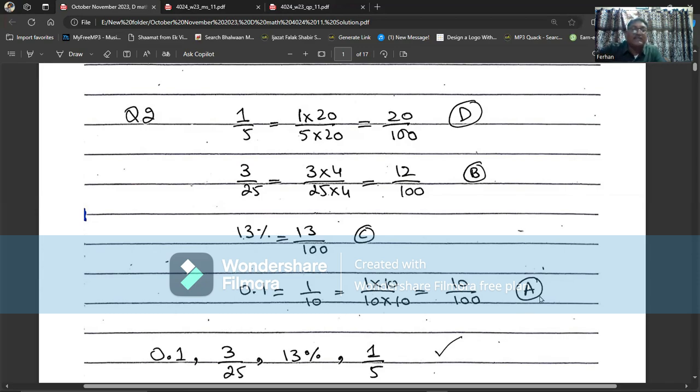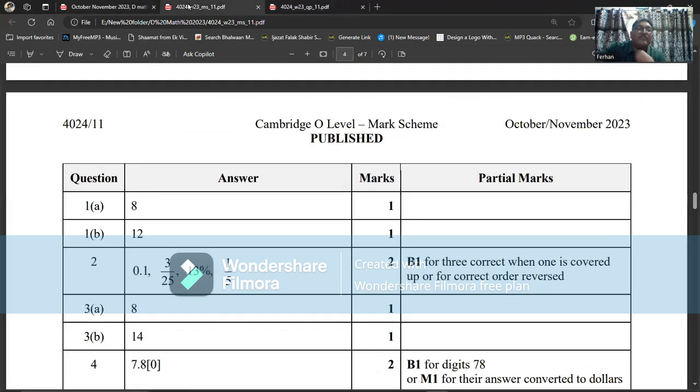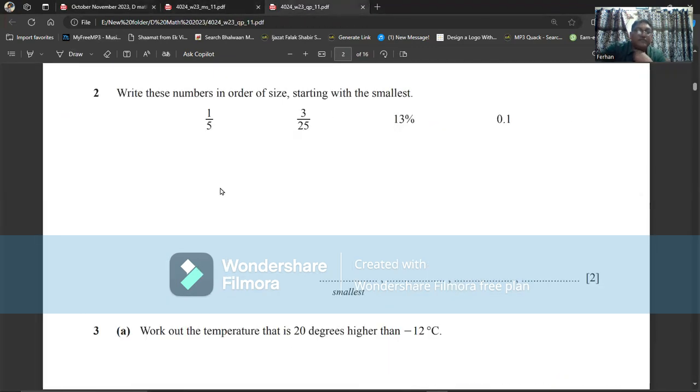So this one is the first, the smallest, A. This one is in the second position, B. This one will be C, and this one will be D. So when you write them in the original form: 0.1, 3 by 25, 13%, 1 by 5. So let's check. I think our answer is right. This is the answer.